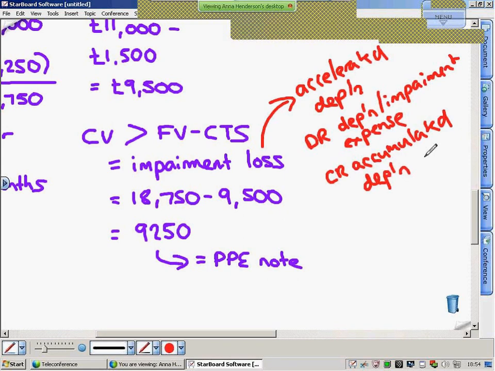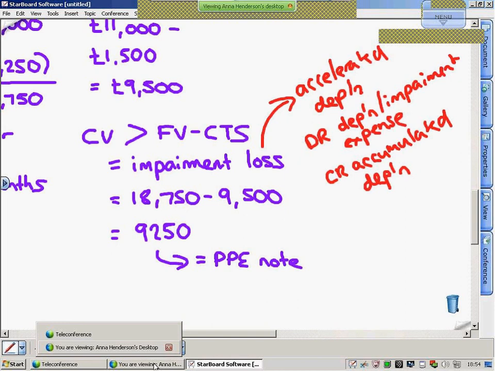You can call this impairment expense if you want to. As I mentioned before, let's not save this working until later. Let's put it to our PP&E note then. So if you go on to your workbook, in the plant and machinery column, you should be able to see that going through.